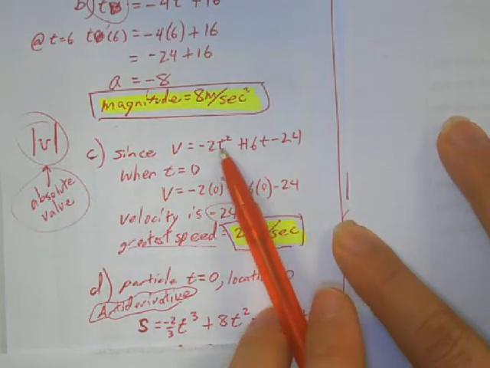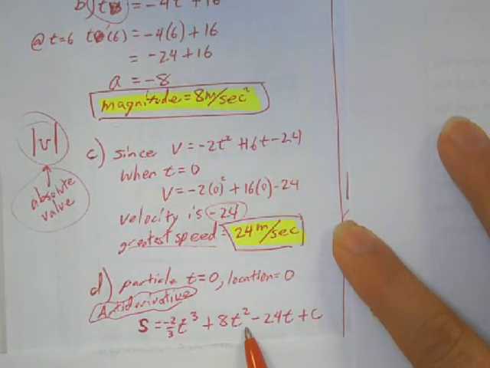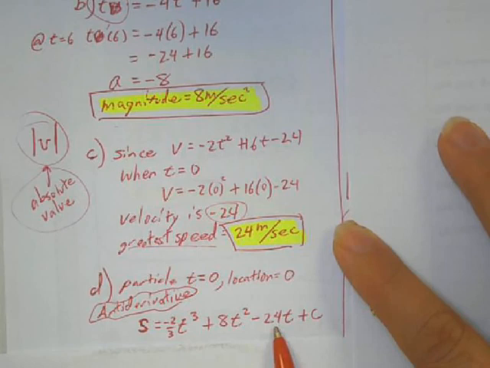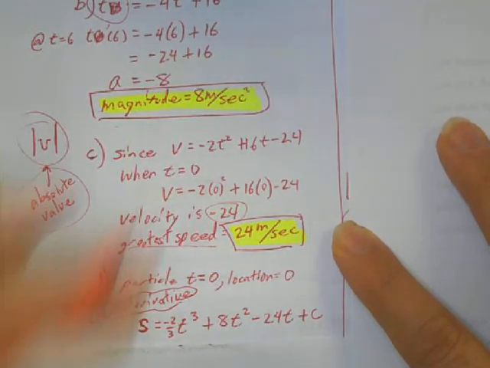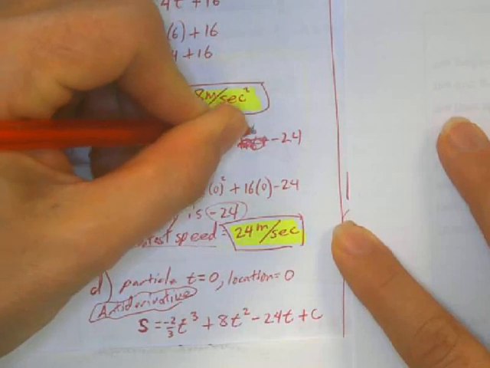The 16t becomes 8t squared. And then this negative 24 is going to be negative 24t, and then we put plus C.